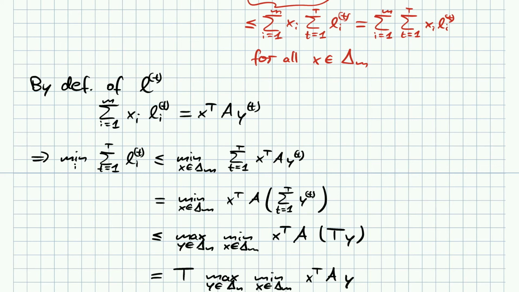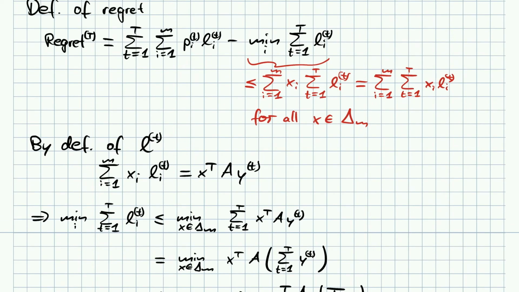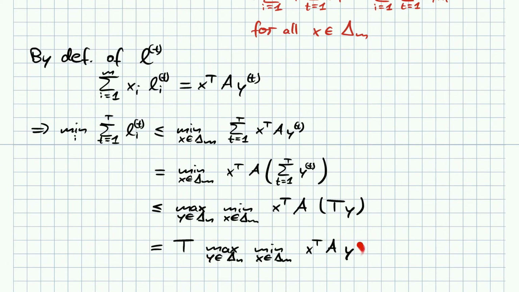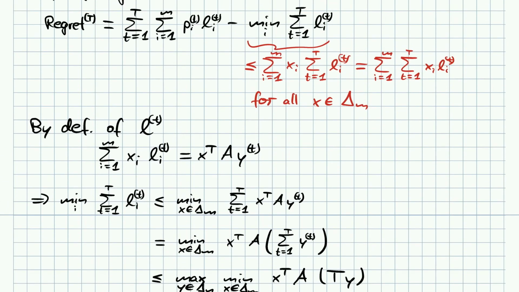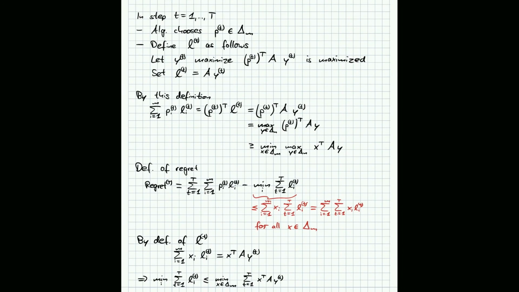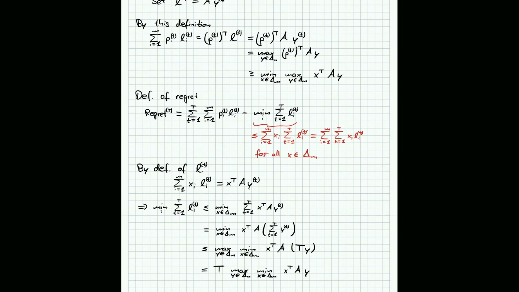Now, let's once again see. We now have an upper bound for this quantity here, as this here. And how about this? Well, we fortunately already have something for this. Namely, we saw that this part here is exactly what we want to bound.